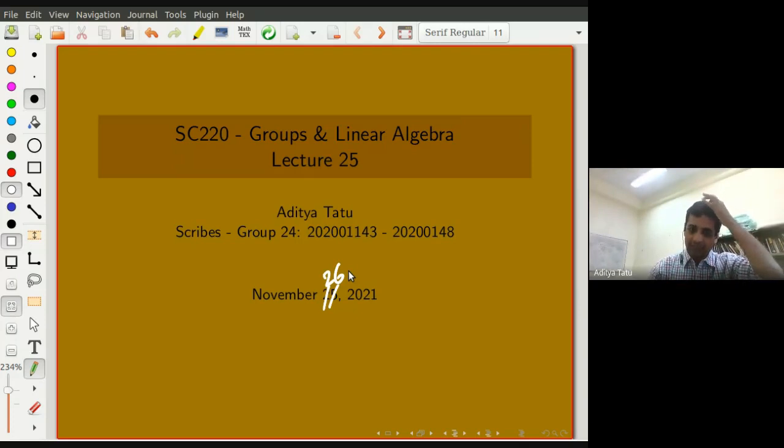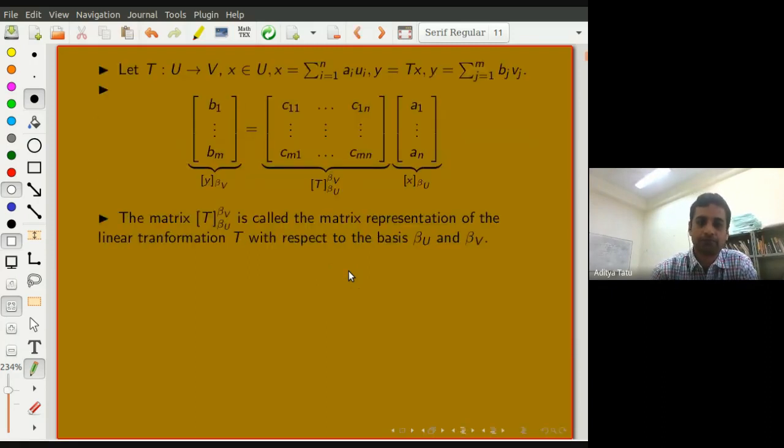Okay, then let's continue with our discussion on linear transformations and linear operators. Right, so just to recap what we did towards the end of the last class, let us say T is a linear transformation between two finite dimensional spaces U and V. For any x in the domain vector space, I can write x as a linear combination of the given bases U1 to Un, and y, which is nothing but the output of this linear transformation, since it also belongs to the vector space V, I can write y as a linear combination of the bases V1 to Vm.